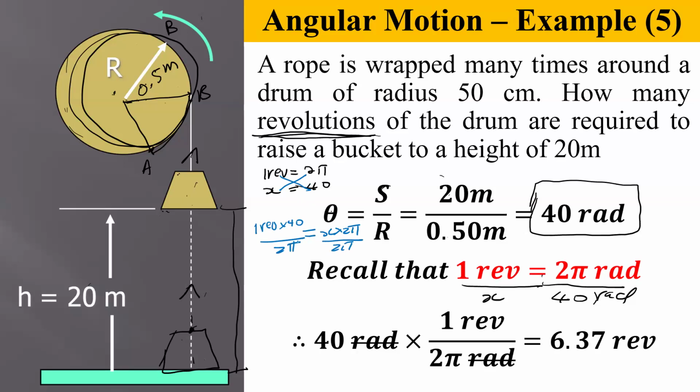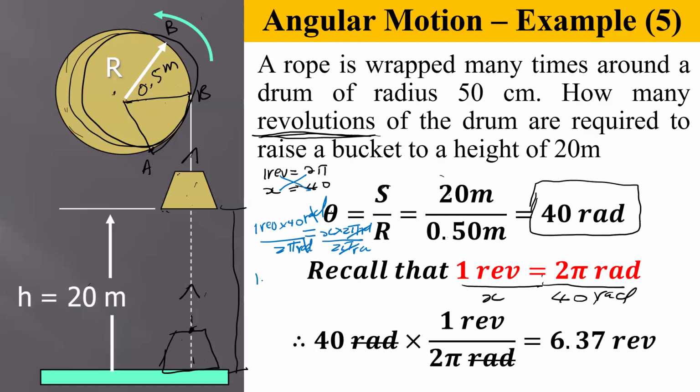Remember that was in rads, and this is rads too, so rads cancel rads, and the only thing you're left with is 1 revolution upon the 40.